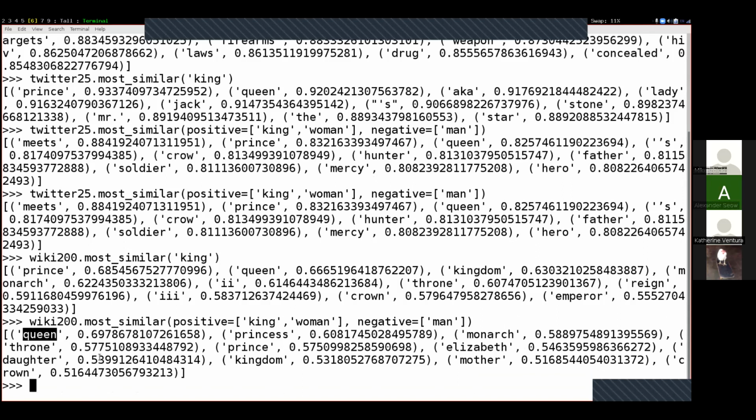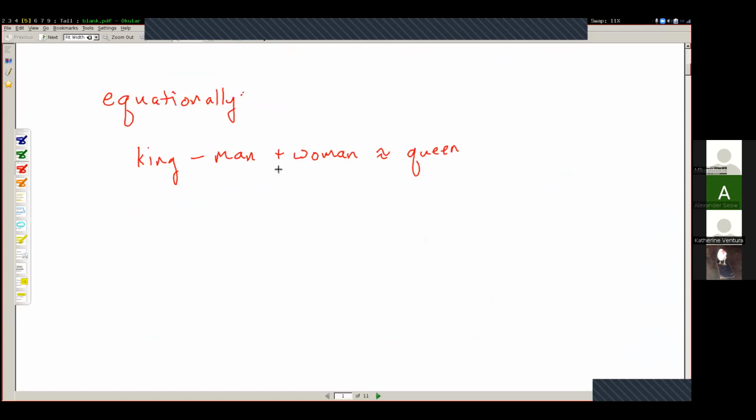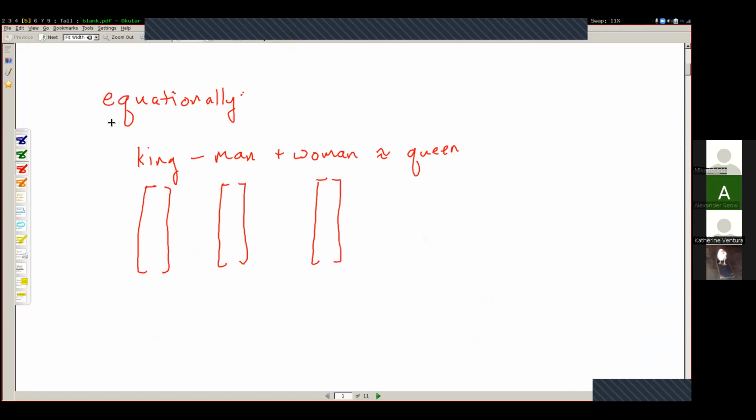So most_similar does this math for us. It substitutes in each of these vectors when it does this equation. Whatever the king vector is, the man vector, the woman vector, gets substituted. It subtracts off the man vector, adds in woman, finds the nearest neighbor, and for a good word embedding space, we get this queen value out.